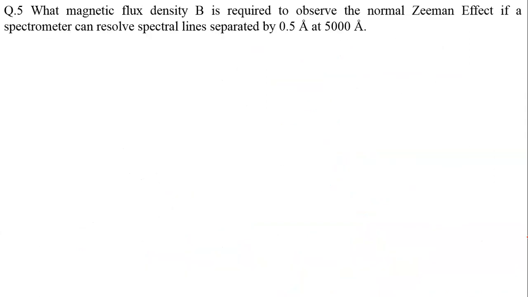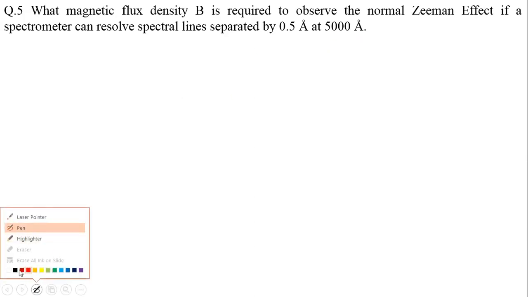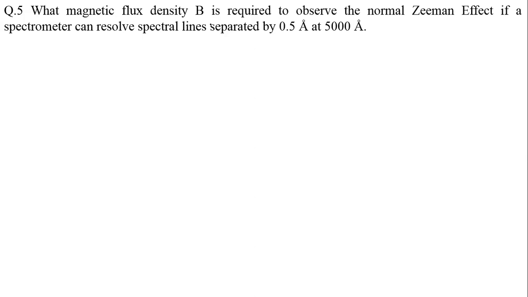So the next question is a similar question, but here the parameter we want is different. What magnetic flux density B is required to observe the normal Zeeman effect if a spectrometer can resolve spectral lines separated by 0.5 Angstrom at 5000 Angstrom? It is very similar to the previous question, but there the magnetic field was given and we calculated delta lambda.